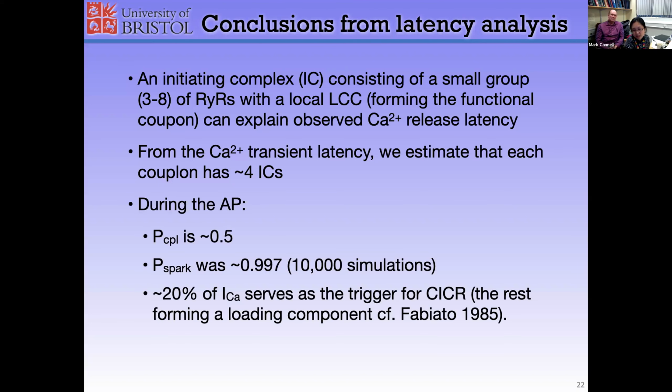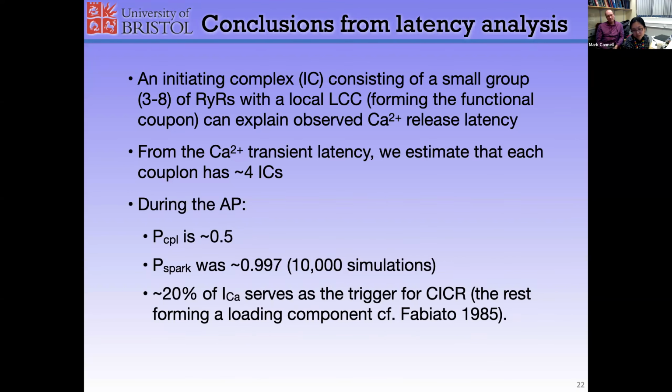And during the AP, P couple is 0.5, while during the calcium transient during the AP, P spark was near 1. So to achieve this robustness and the speed of EC coupling, the number of ICs needed to be increased, and this means that only 20% of the calcium current serves as a trigger for CICR.